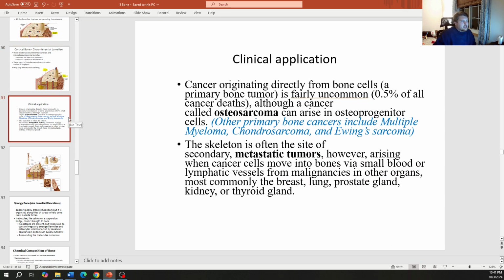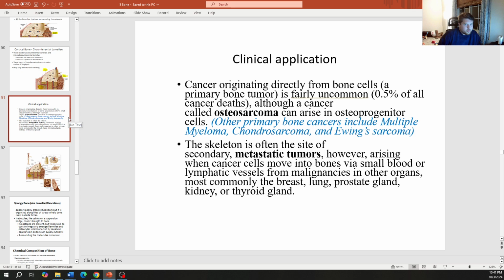Talking briefly about clinical application, we'll dive way deeper into all of the clinical application in future courses, specifically imaging courses, pathology courses, because we talk about bones themselves, especially cancer originating in bone.